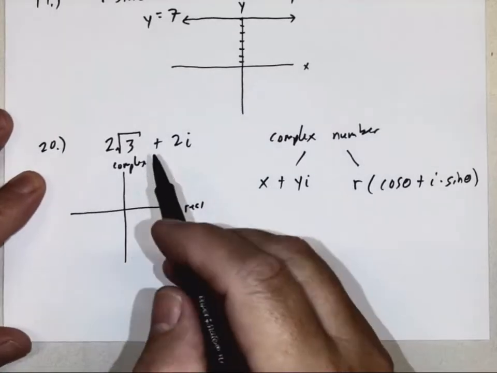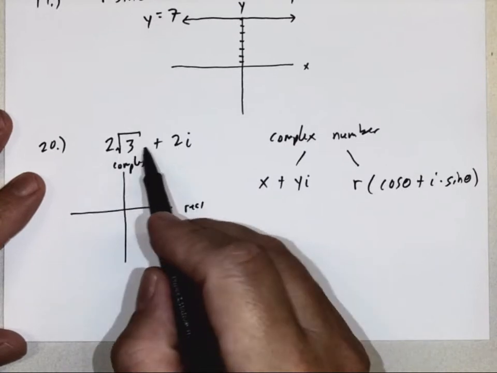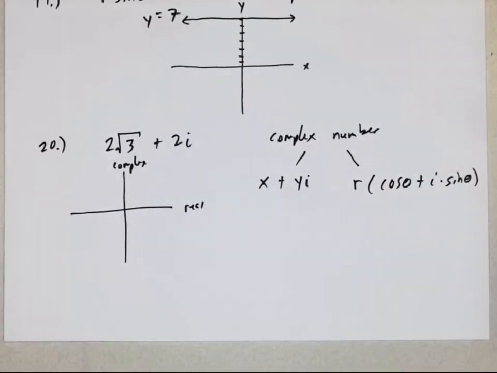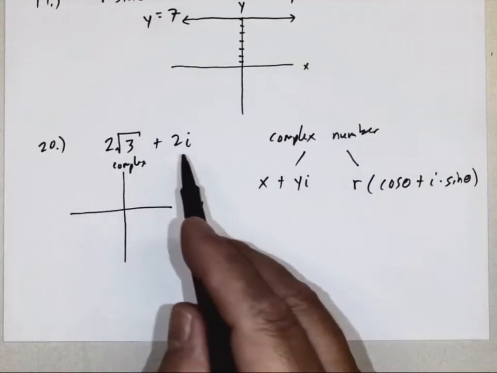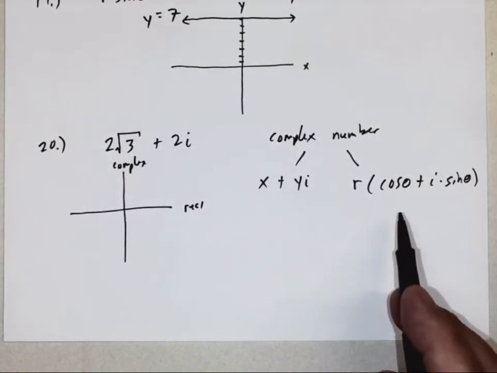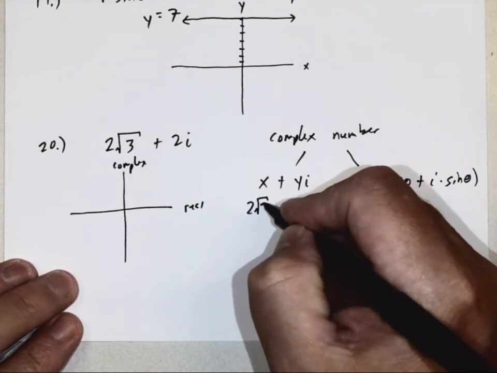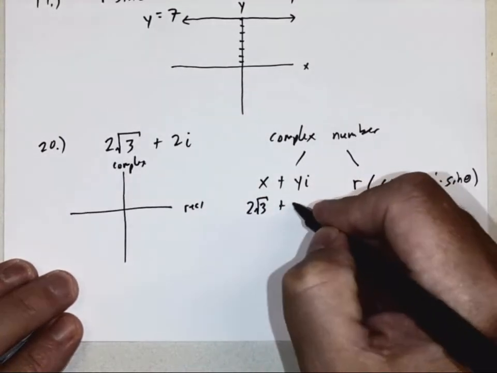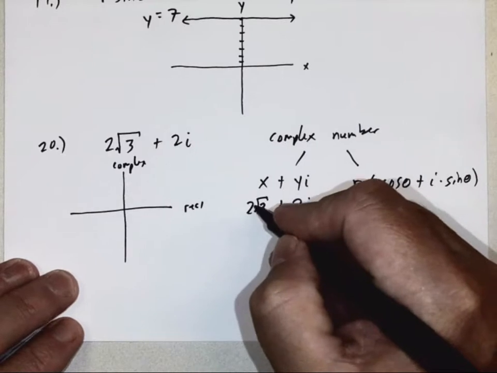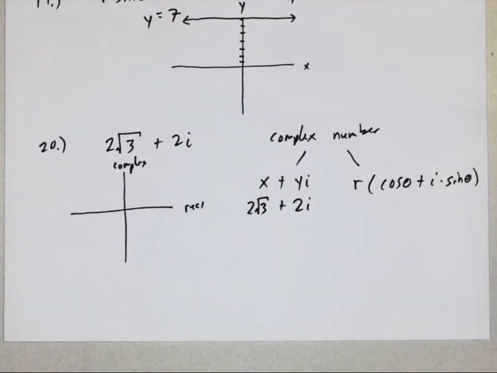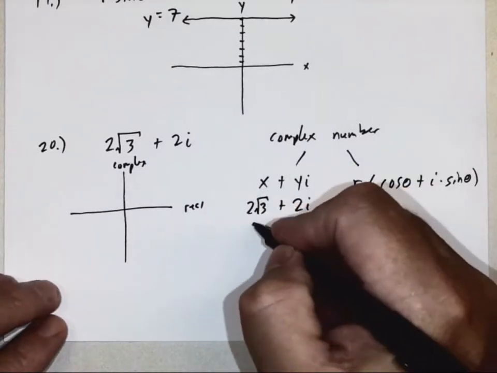So let's do this one. First of all, let's go plot this, and then they want us to rewrite this in polar coordinates. So in a sense, what I have is my x is like 2 times square root of 3. Now this is just going to be a number. Let me see what that is. 2 times the square root of 3 is around 3.5.